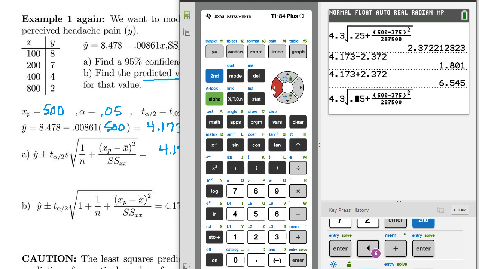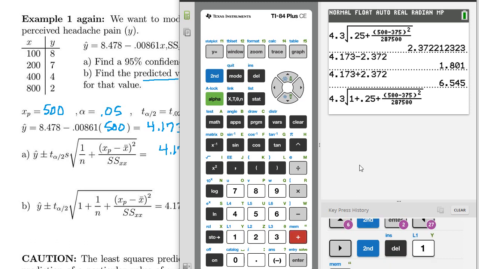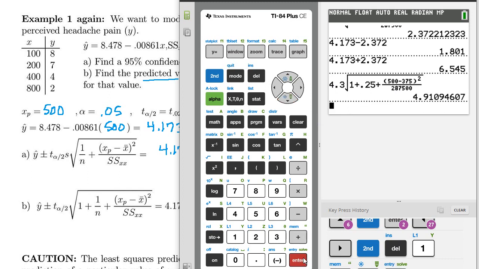So that'll be 1.25. Or if you want, 1 plus 0.25. And everything else is the same. I'll use 4.3. So 4.911.